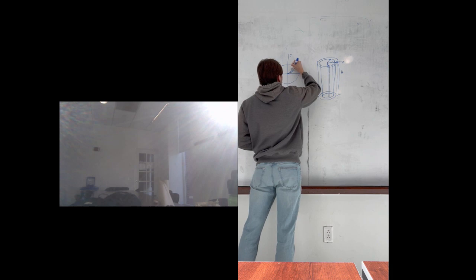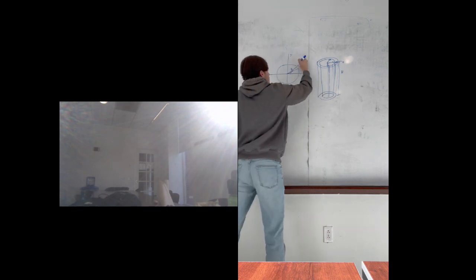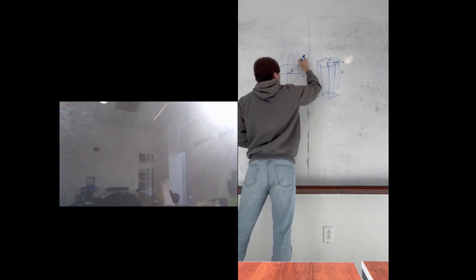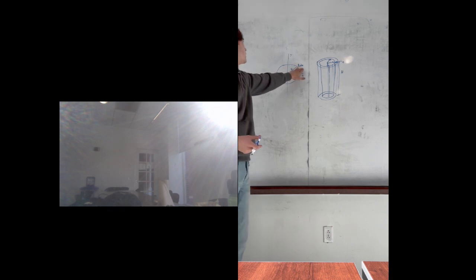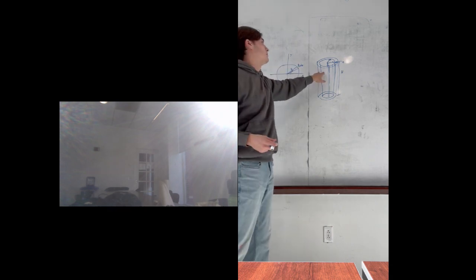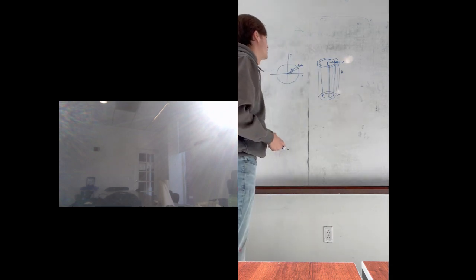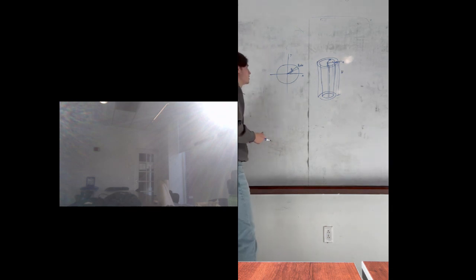Then we're going to have some radius of that circle that I'm going to label as r. And this arc length is then r times d theta. So right here we have essentially what our area is. We're going to multiply that by our h eventually to get that total area.